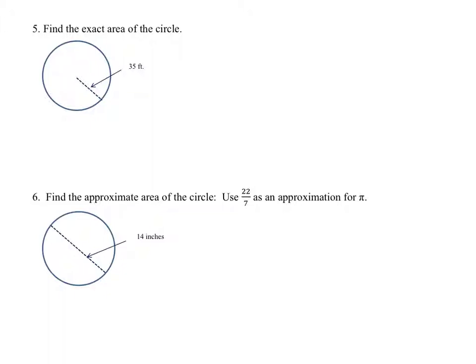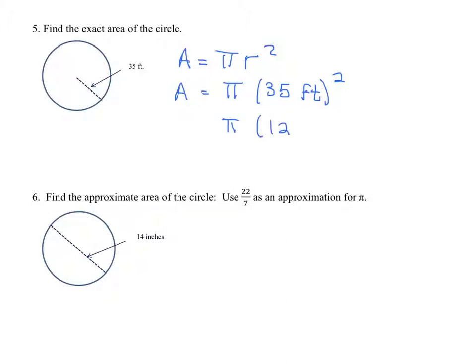Now let's do circles. The formula for area of a circle is pi r squared. So we need the radius, and in this case, the radius is 35 feet. So we need to square it. You'll notice that you have to square 35, and that is 1225.